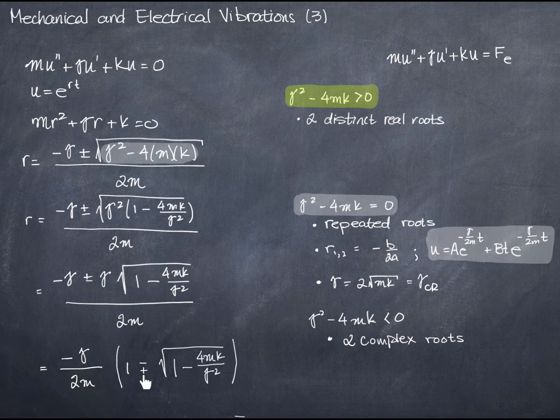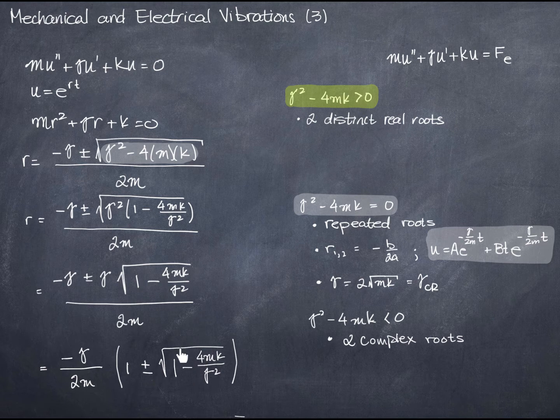There are times when it matters whether your plus is on the top and your minus is on the bottom, or the other way around. In this case, it happens not to matter, so I'm going to go ahead and change that to the more familiar plus or minus. But I wanted to bring your attention to the fact that sometimes it really does matter. We have the symbol plus or minus. There is also a symbol minus or plus, and it means just that.